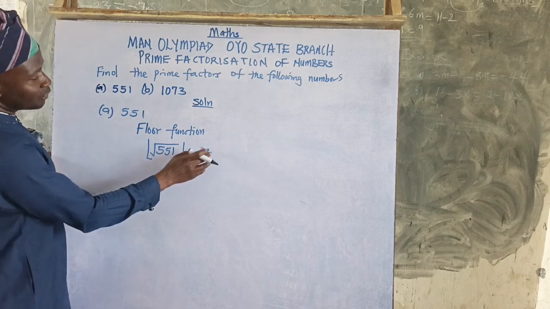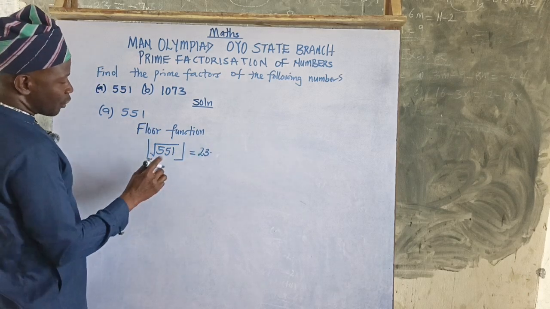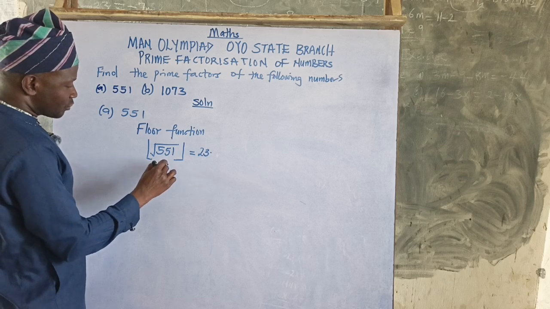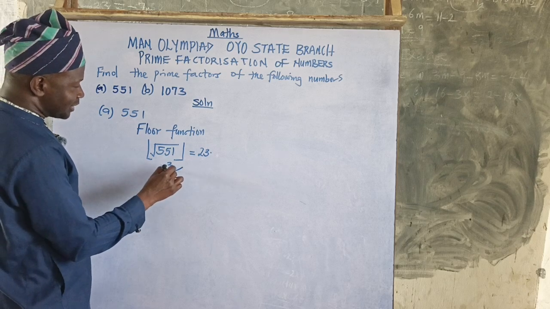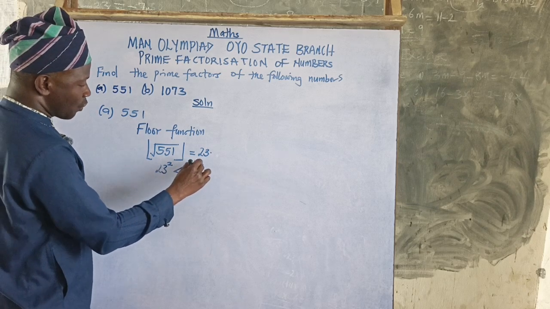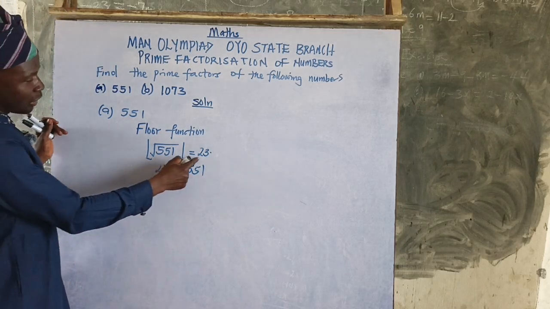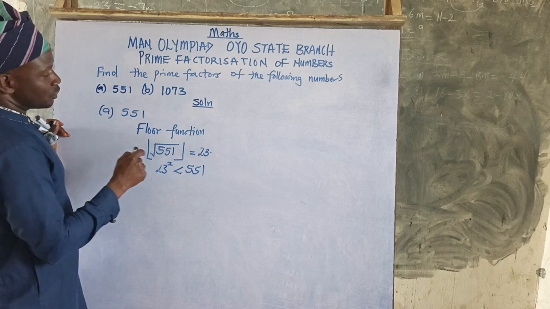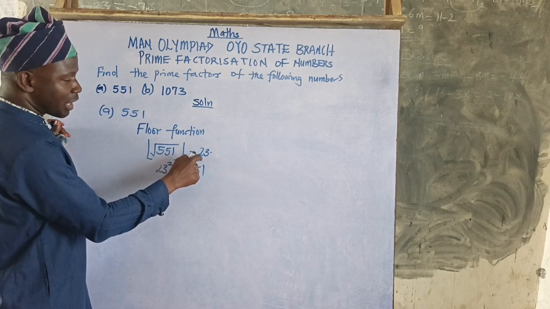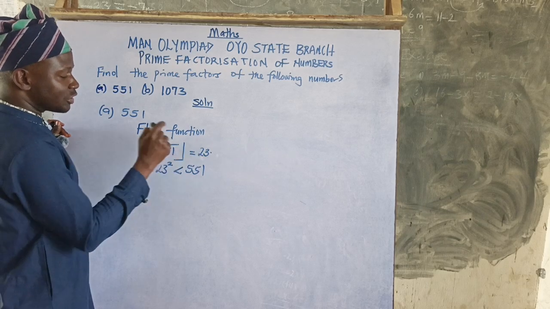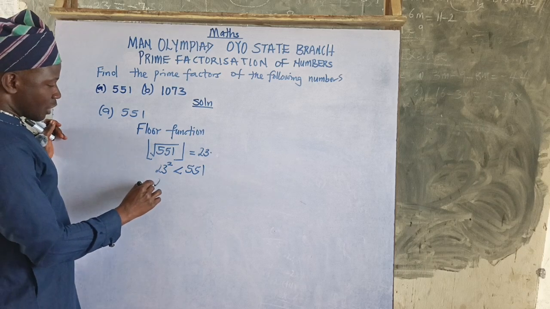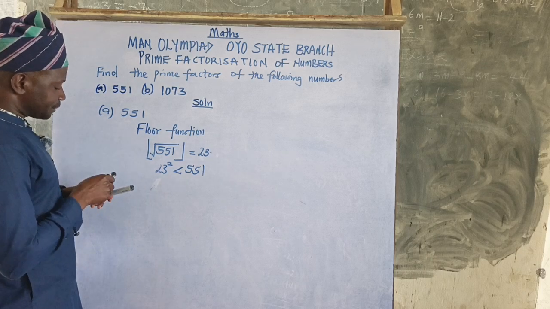It implies that 23 squared is less than 551. What we are going to do next is pick the next number after this, which is 24.